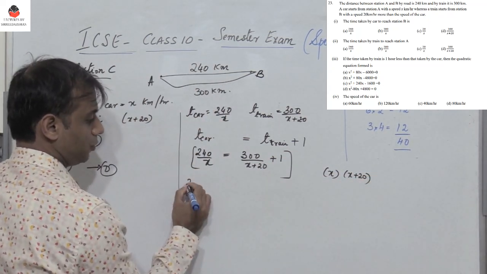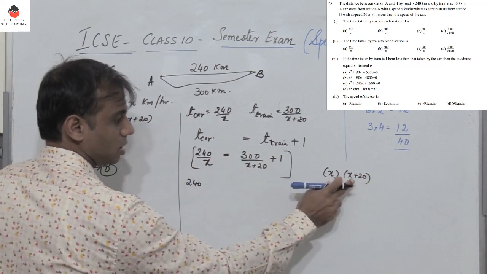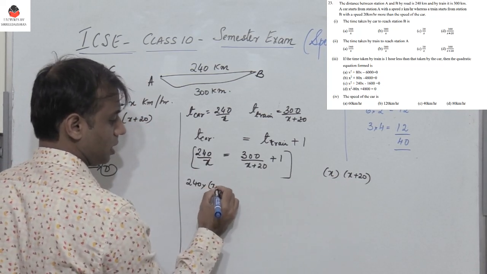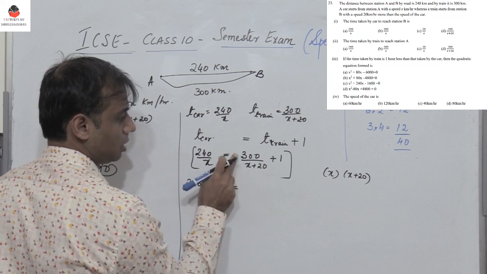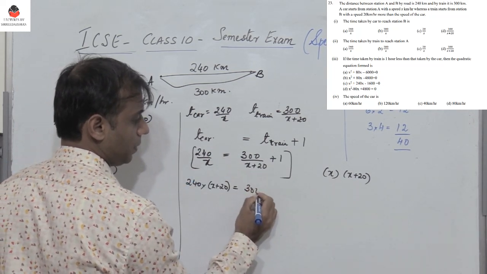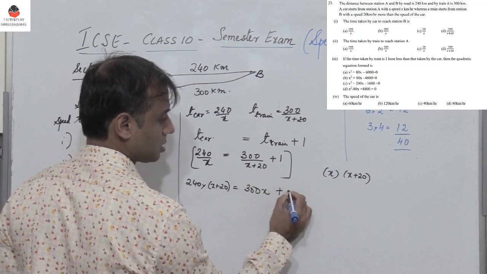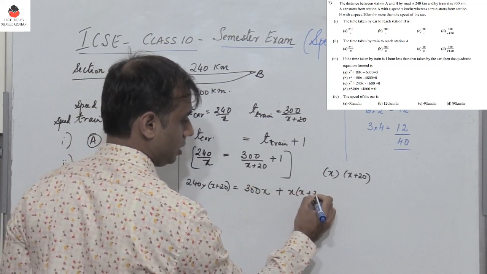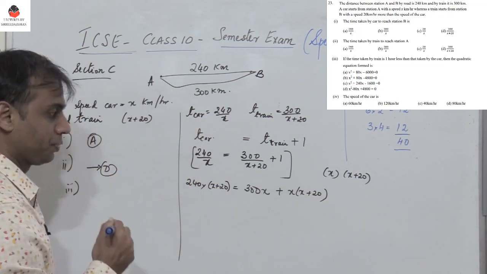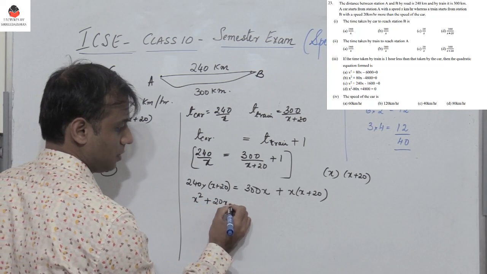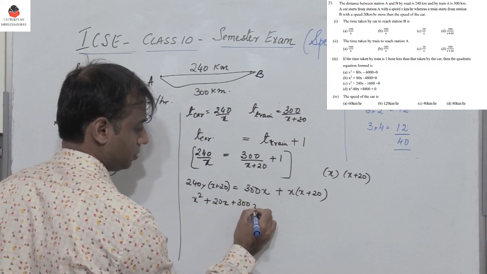So multiply 240 with x into x plus 20, x gets cancelled, so it becomes 240 into x plus 20. Here 300 divided by x plus 20 gets cancelled, so I get 300x, plus here I have x into x plus 20. So you get x square plus 20x plus 300x.